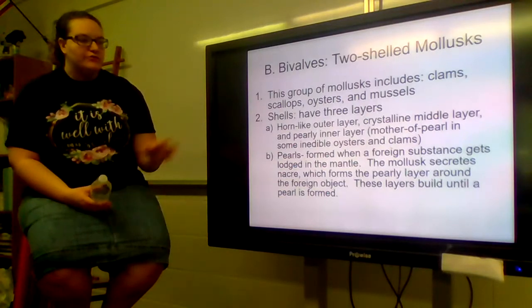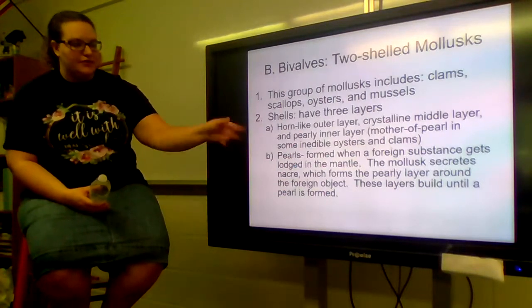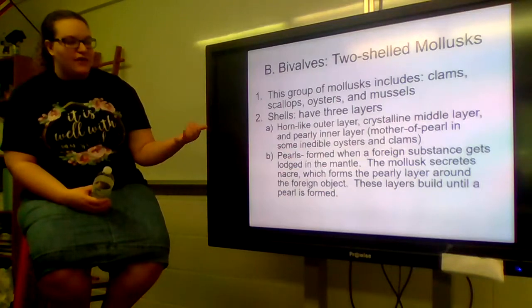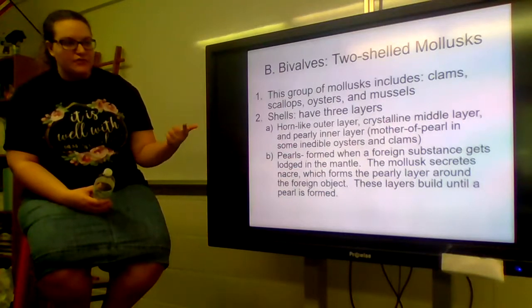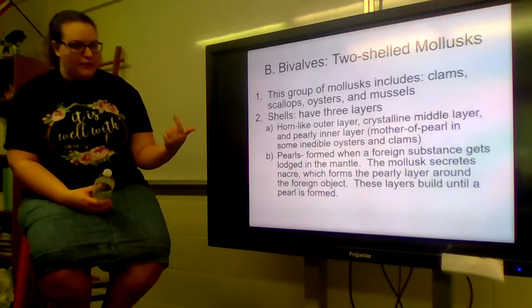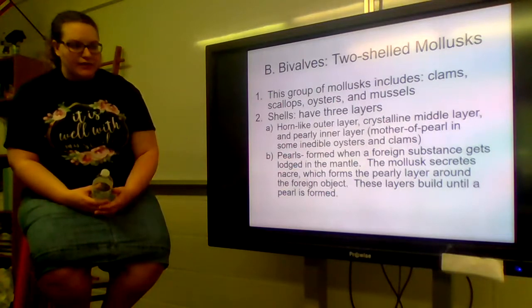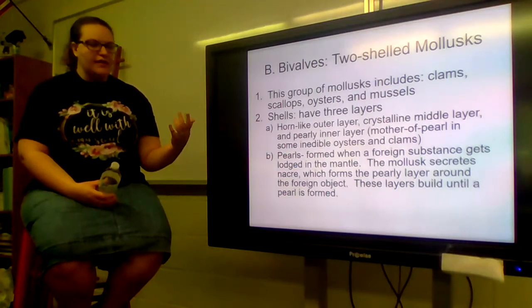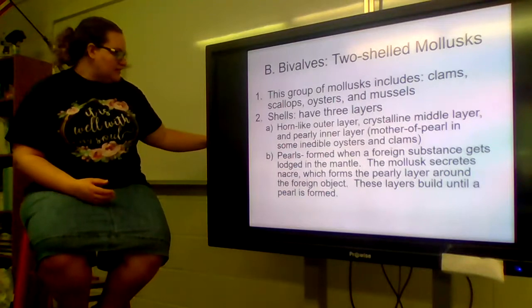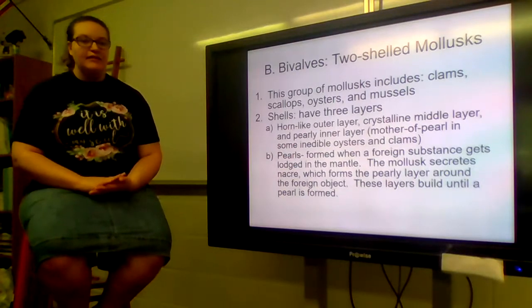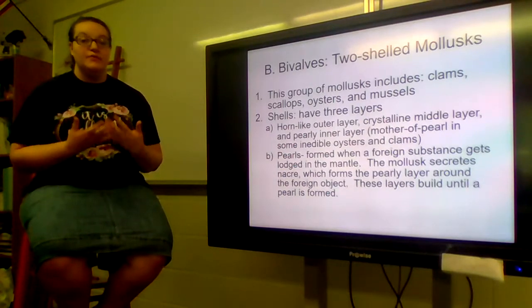Okay. So their shells have 3 layers. Letter A, we're going to look at these 3 layers. They have a horn-like outer layer, a crystalline middle layer, and a pearly inner layer. And the shell really is a part of the mantle.